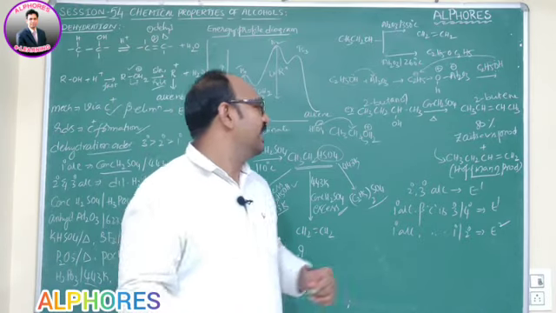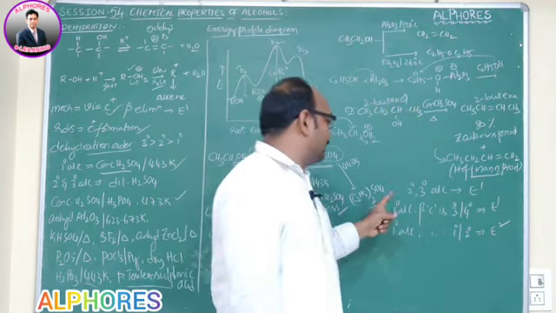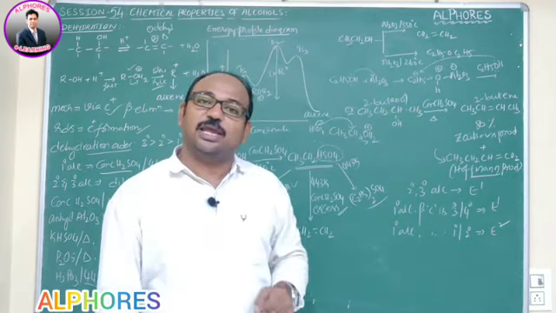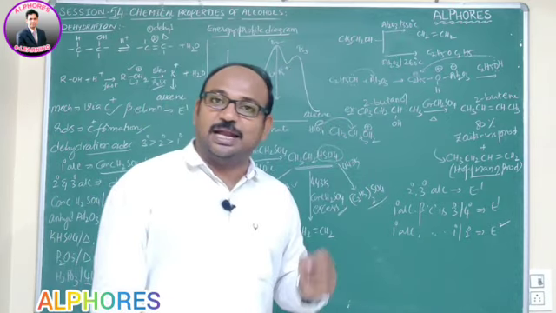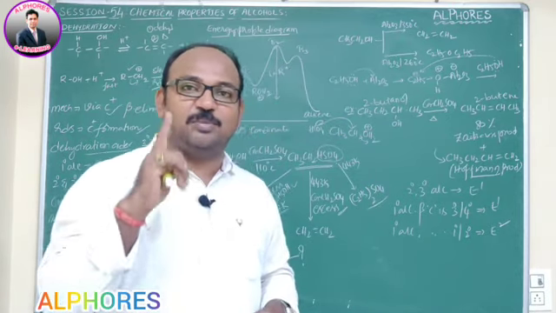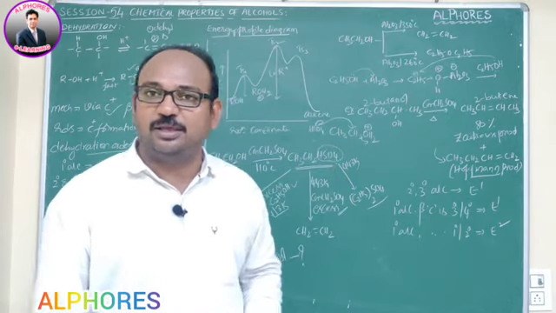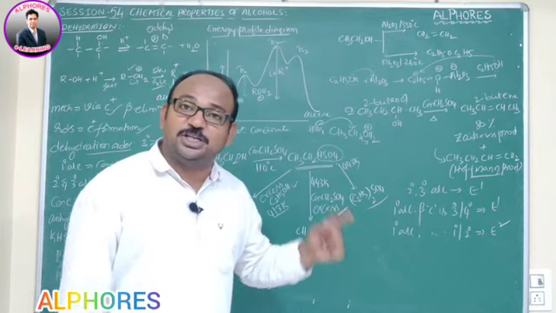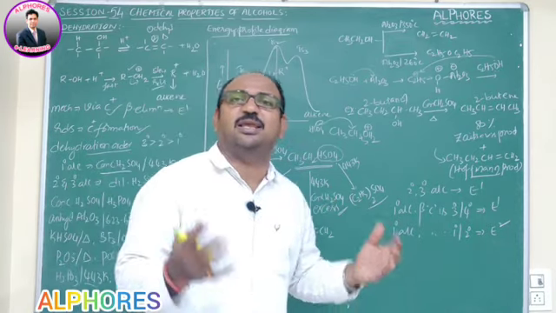In such a case even E1 elimination is possible. Primary alcohols can also proceed via E1 elimination. The condition is that the beta carbon must be either tertiary or quaternary.